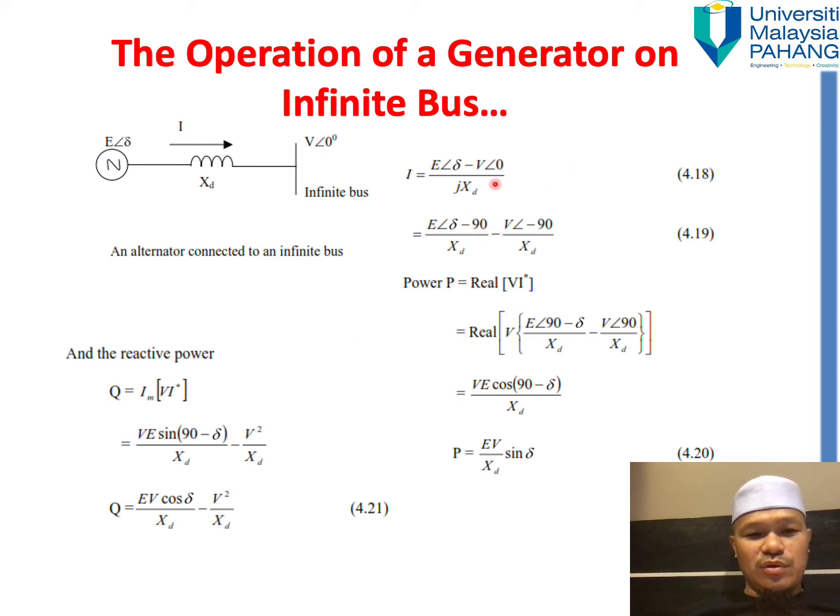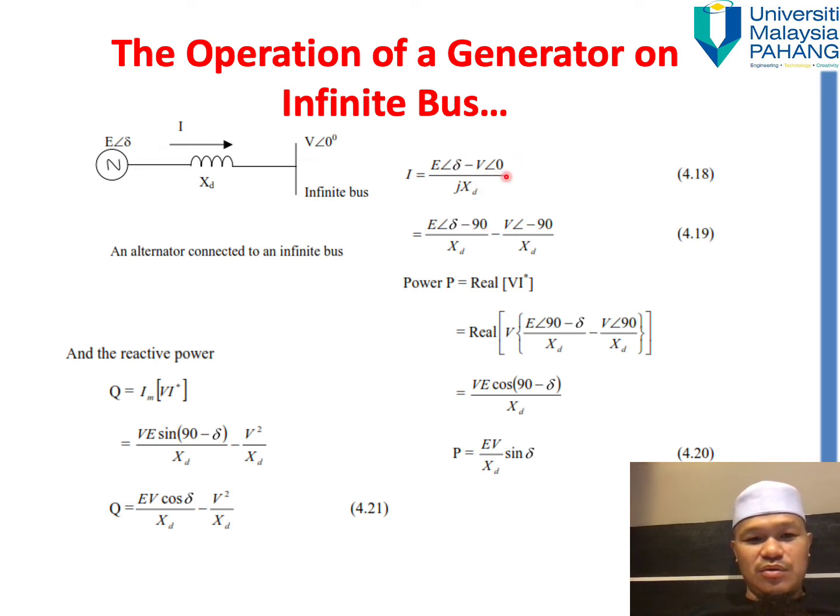So when you convert jXD into the value with magnitude and angle, you get j as 90 degrees, XD at 90 degrees. When you do the subtraction, you can separate it, so you get delta minus 90 degrees.